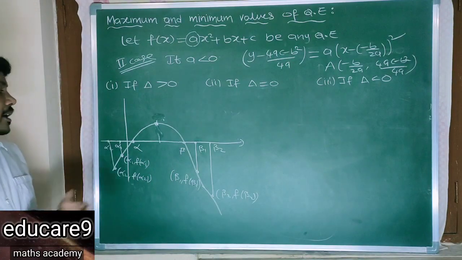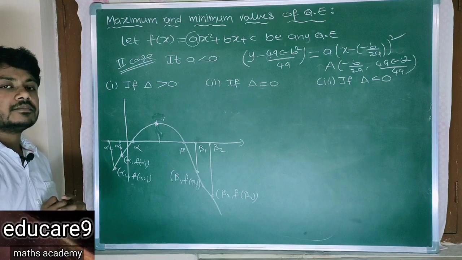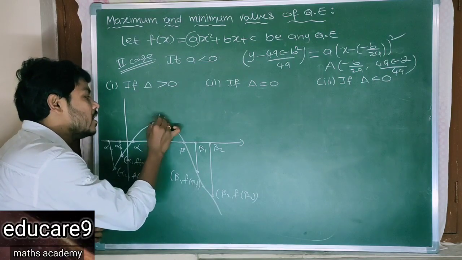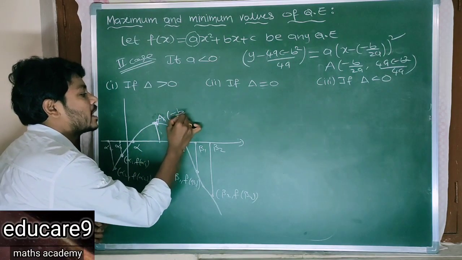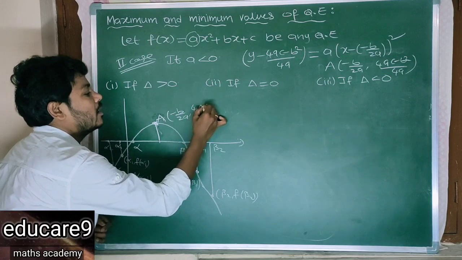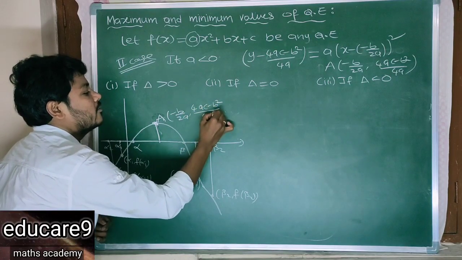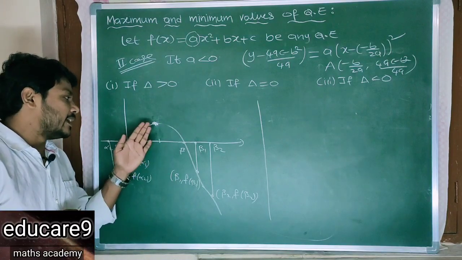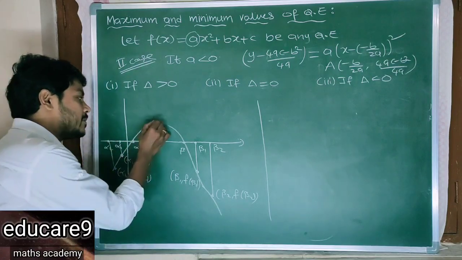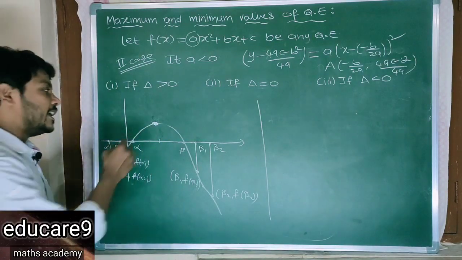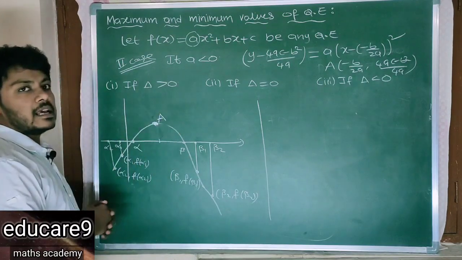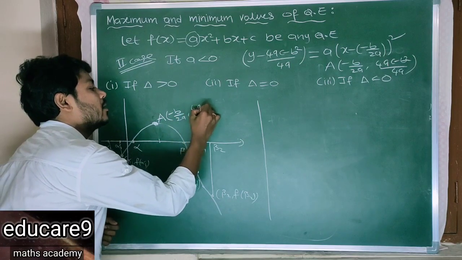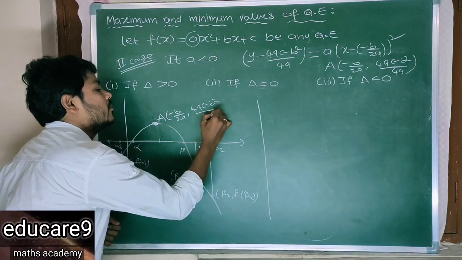If x lies in the interval alpha and beta, in that case it has a maximum value at a vertex. What is that vertex of the parabola? Minus b by 2a comma 4ac minus b square by 4a. If x lies in the interval alpha and beta, in that case this function has a maximum. So what is the maximum point? This is the maximum point. So clearly this function attains the maximum at a vertex, that is minus b by 2a comma 4ac minus b square by 4a.